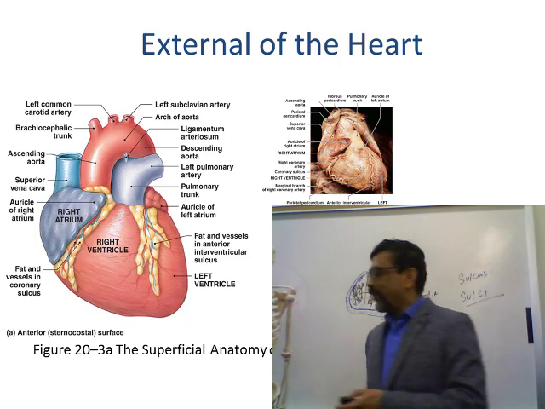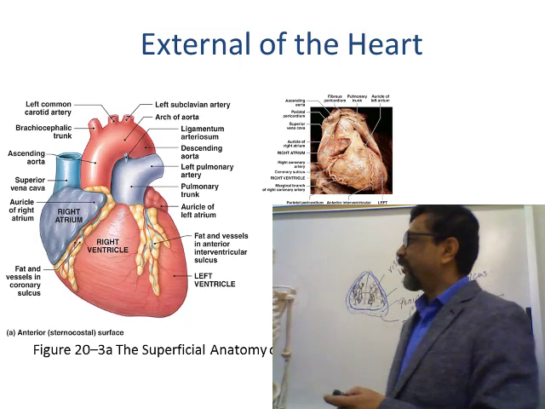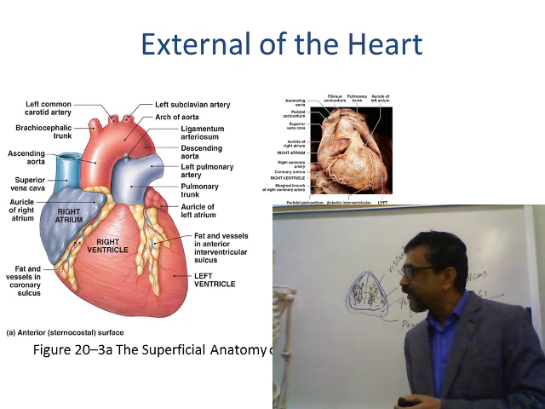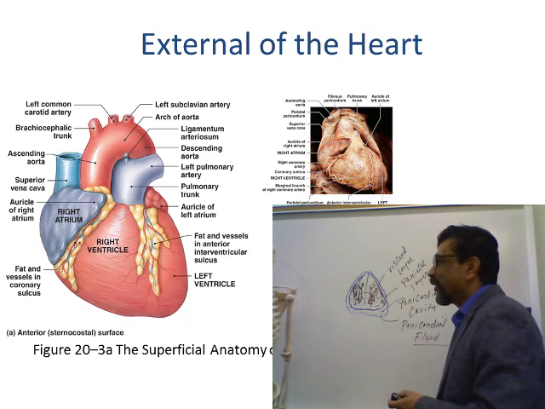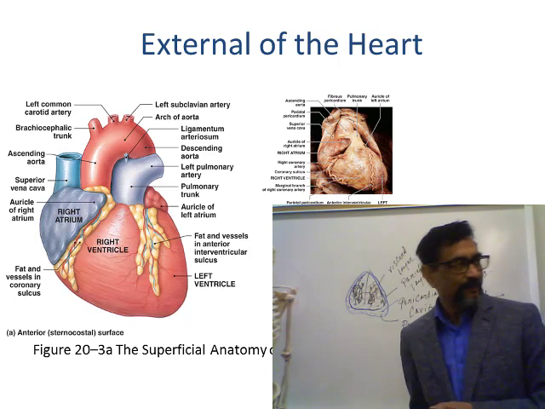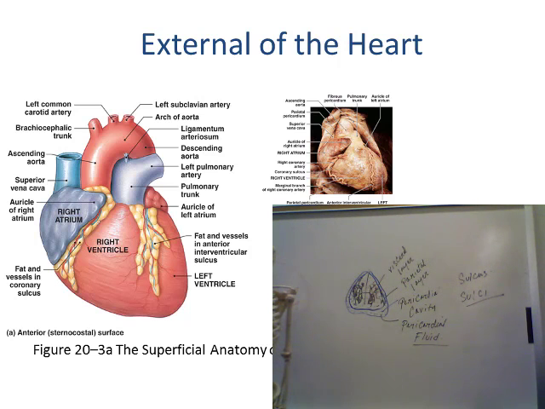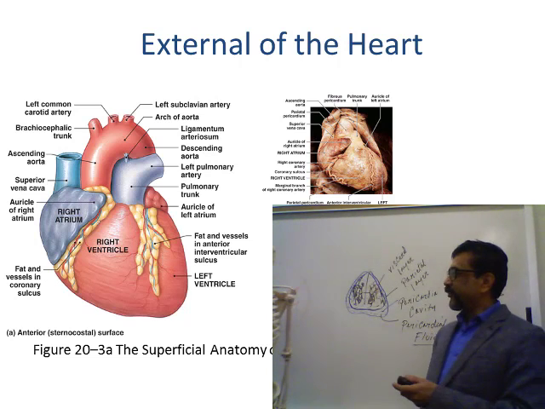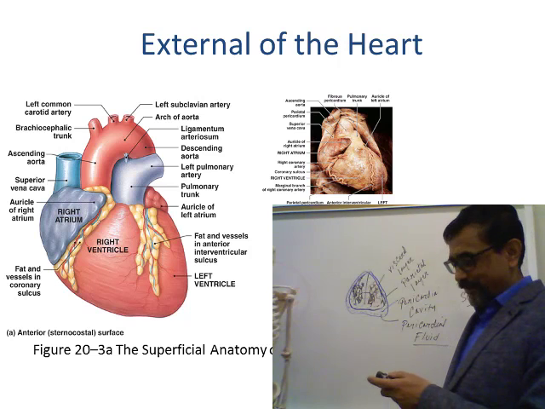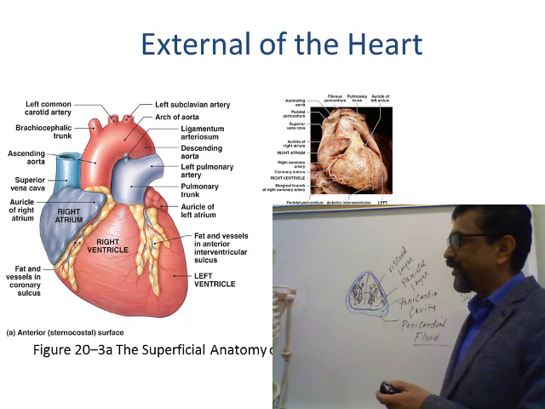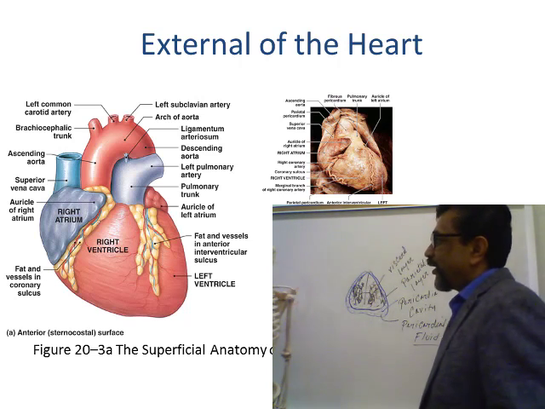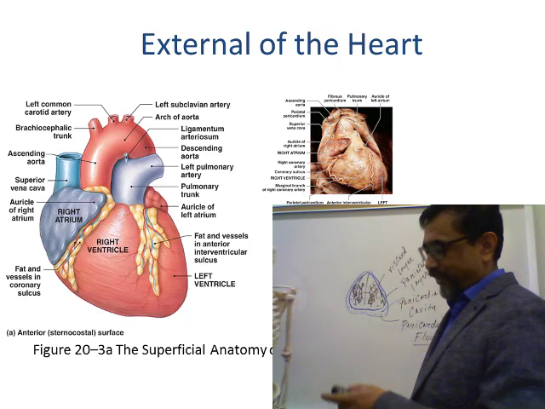Now let's see the external of your heart. If you see this picture, this is the front of the heart. So you can see the anterior interventricular sulcus. Now you see it contains the blood vessels, that means arteries and veins, and fat. There is another sulcus which is very important, that separates atria and ventricles.